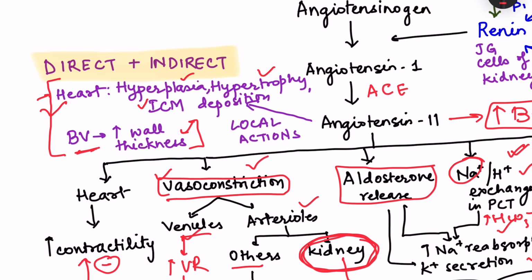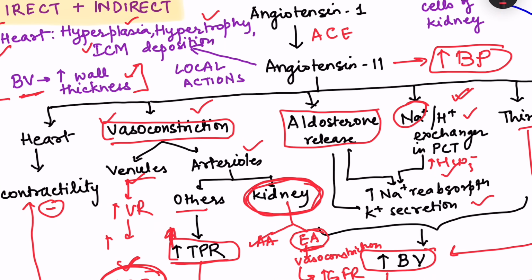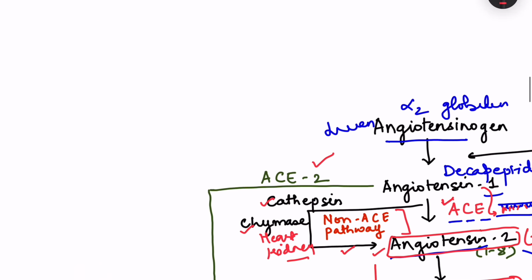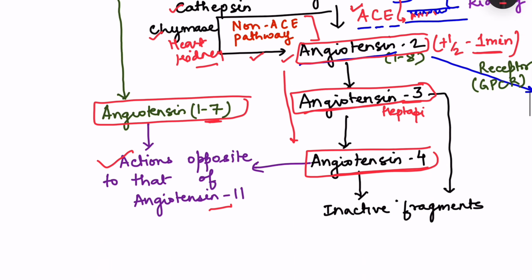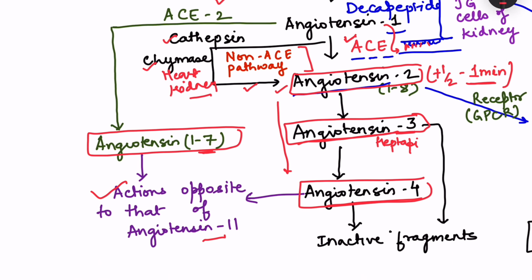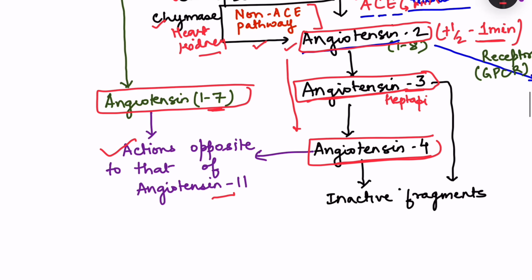Fine. So these are the various actions of the angiotensin 2, and we have seen here that angiotensin 1-7 and angiotensin 4 have actions opposite to that of angiotensin 2. So what are these actions? Actually, these angiotensins act as vasodilators. They are anti-proliferative.